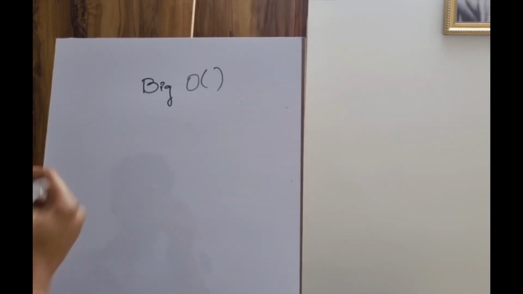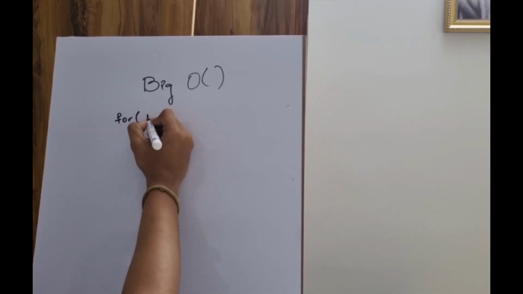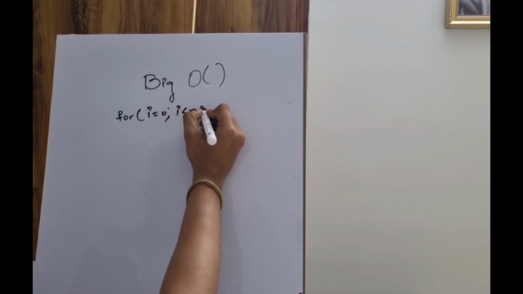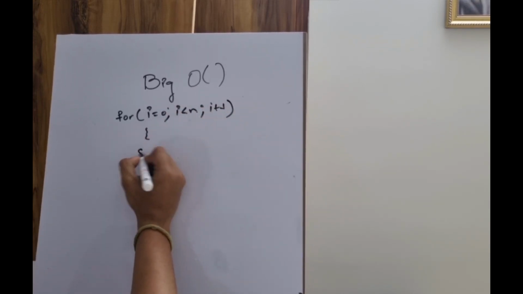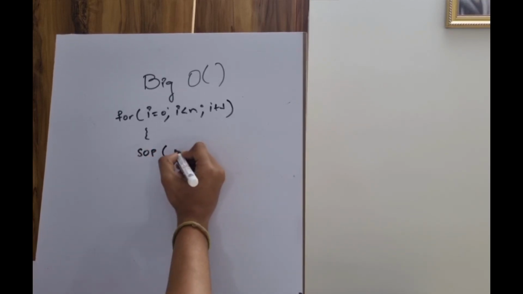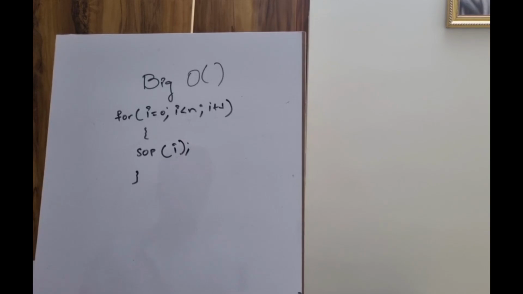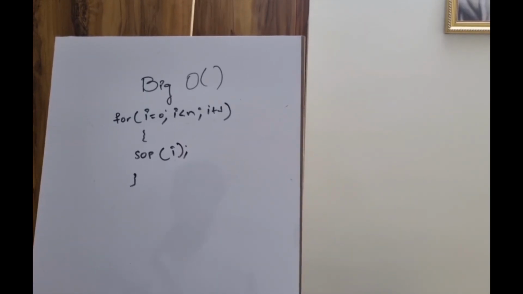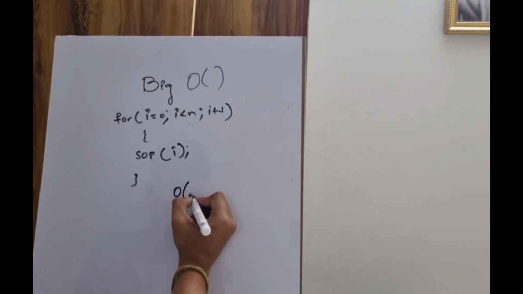So if I write a for loop, for example, in this particular case, the time complexity of this entire loop is O of n.